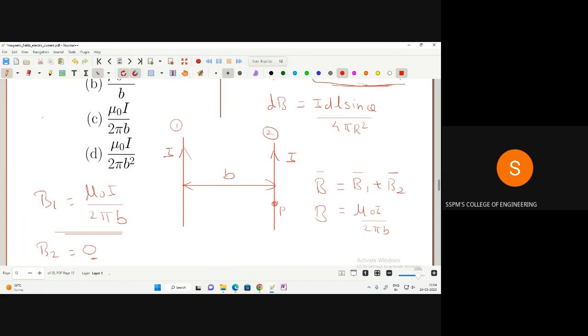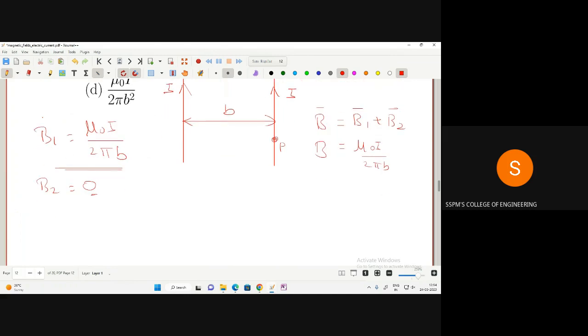लक्षात ठेवा. त्याच्यानंतर आपल्याला काय फाइंड आउट करायचं आहे, the force due to magnetic field, and force due to magnetic field is B into I into L. आता आपल्याला फाइंड आउट करायचा फोर्स पर युनिट लेंथ, म्हणजे F by L फाइंड आउट करायचा.